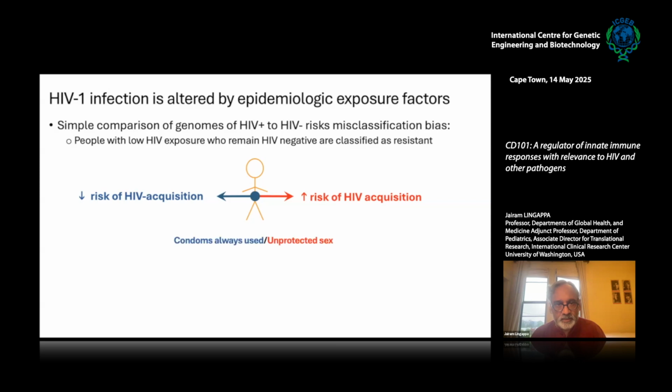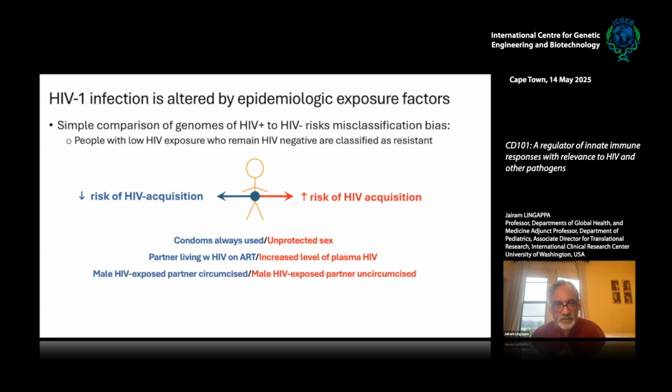There were clearly factors associated with condom use versus unprotected sex, with condom use protecting and unprotected sex increasing risk of acquisition. If the partner living with HIV was on antiretroviral therapy, that reduced the risk of acquisition, whereas if they had no antiretroviral therapy and had increased levels of plasma HIV, that increased the risk of HIV acquisition.